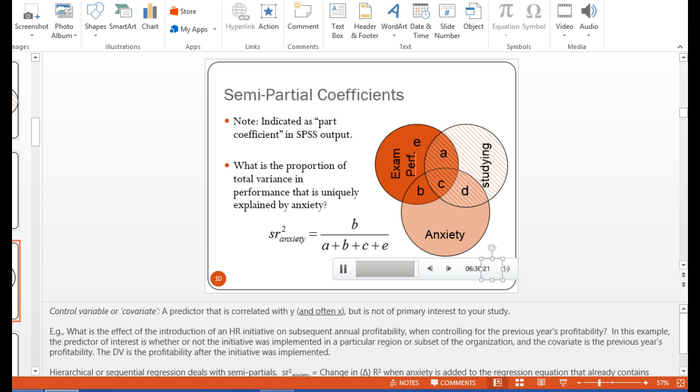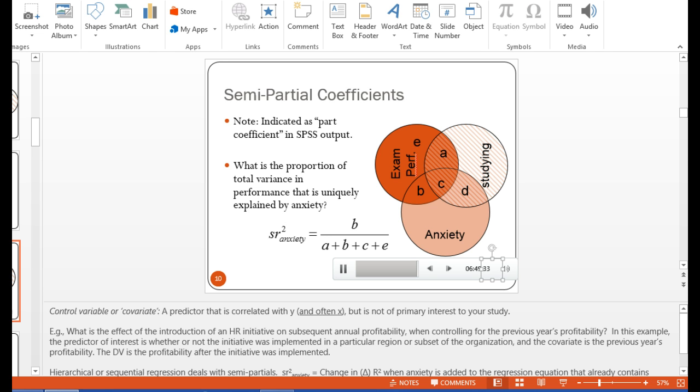So let's say we have the semi-partial correlation for anxiety. We square that, and that gives us literally the change in R squared when anxiety is added to the regression model that already contains our covariate in this case, and that is the amount of studying that we do for the exam.